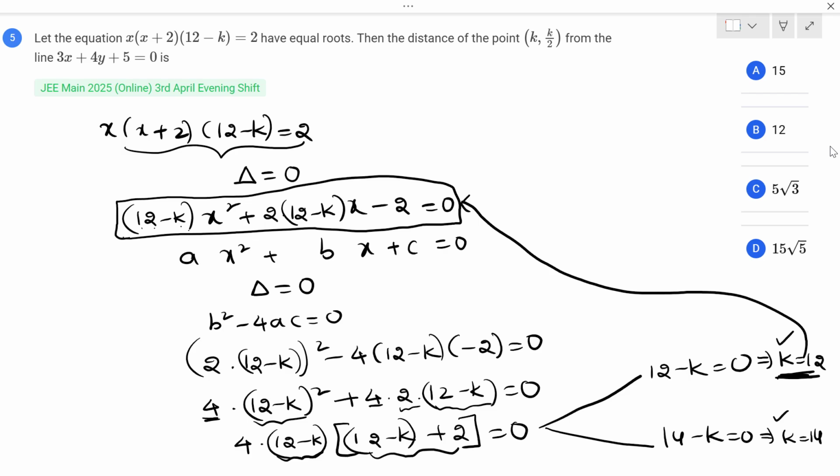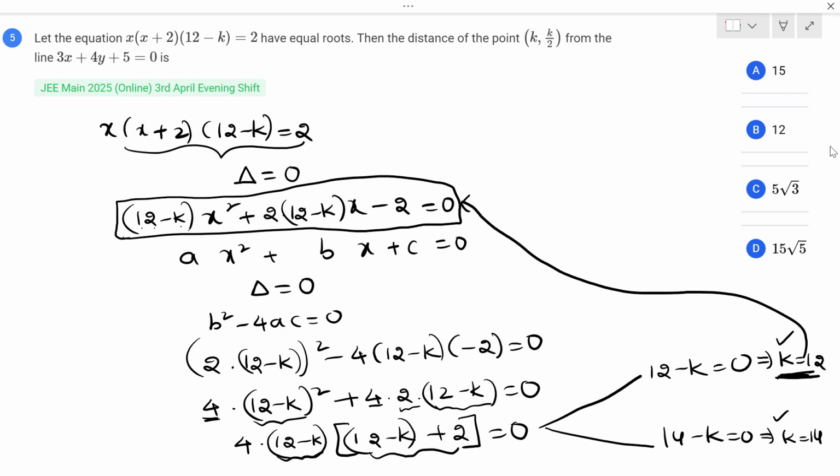The coefficient of x square, a, is becoming 0. So can I have coefficient of x square a as 0? No, not at all. If I have coefficient of x square a as 0, then that will not be a quadratic equation. Since he is saying that it is having equal roots, both the roots are equal, which means that it has to be a quadratic equation.